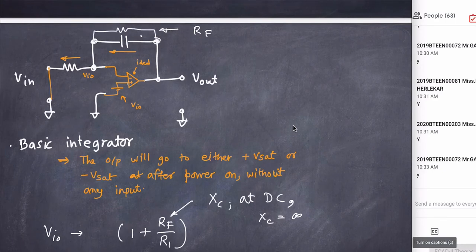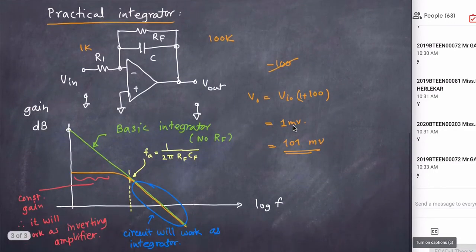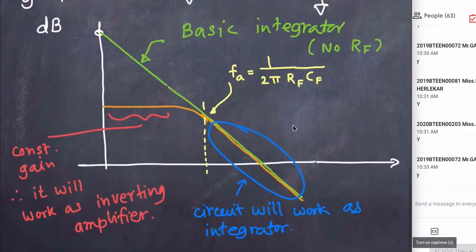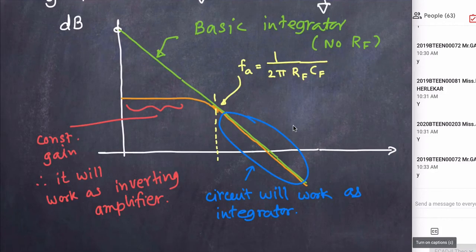We have to use the practical integrator, but the practical integrator has the issue that the frequency response is not all the time dropping, it is constant for a certain range of frequencies. In this range the output will be based on the inverting amplifier equation, and after that it will start working like an integrator. So this we have to keep in mind.